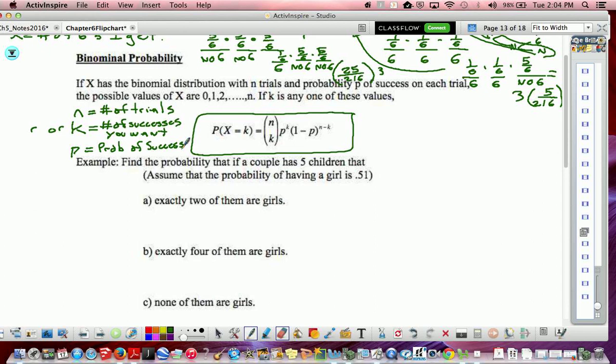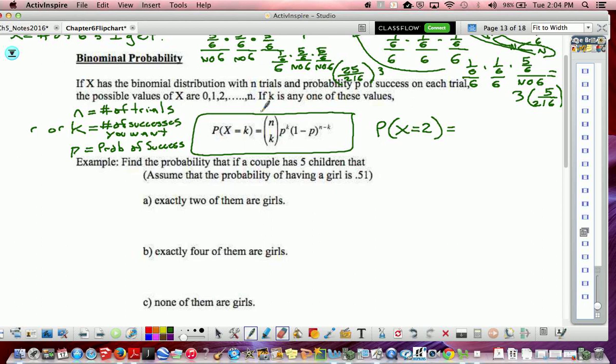So if I think about this rolling of the dice problem, if I'm looking at P of X equals, and I'll choose 2 just to show you how the formula works, that's my K value.